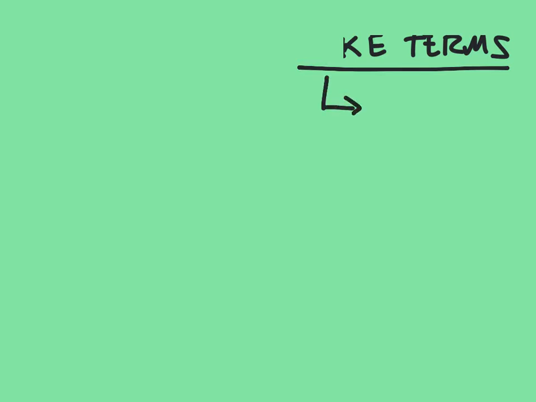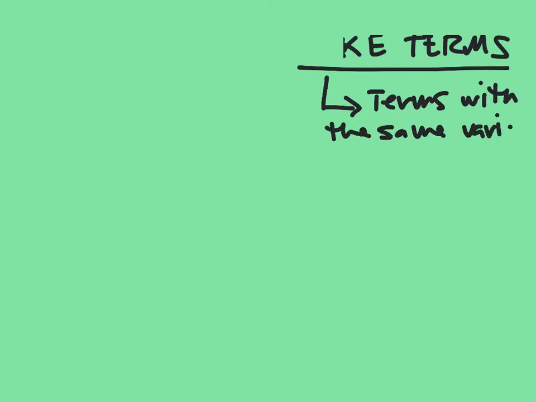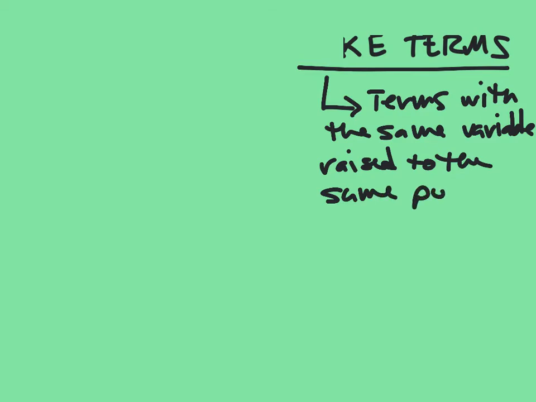Before we can do that, we want to look at what is the concept of combining like terms. And essentially, this is all we're going to be doing. But when I think about like terms, these are terms with the same variable raised to the same power, okay?